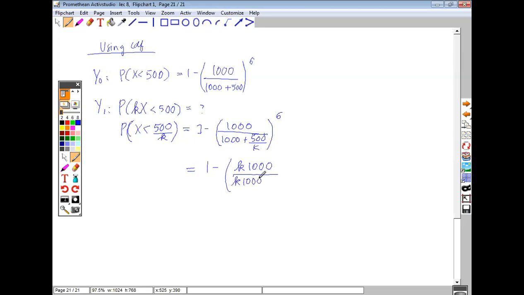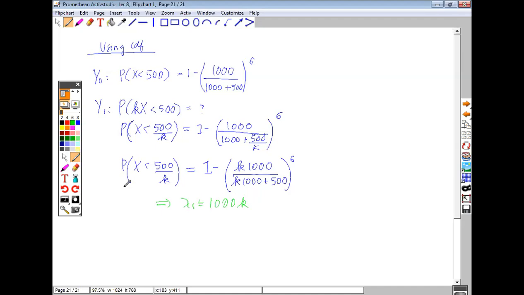Yes, it can be, right? So you claim that my lambda 1 should be 1000 times k.